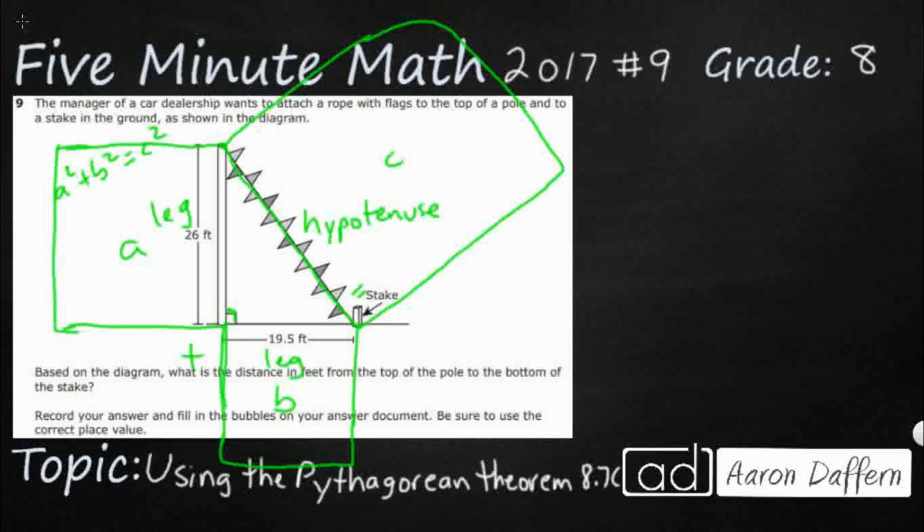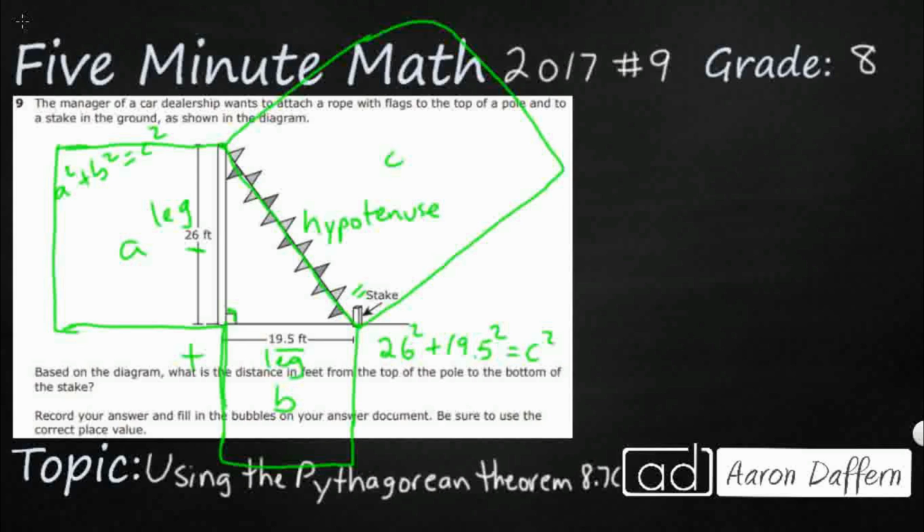And so we're going to use that a squared plus b squared equals c squared, and let's just plug it in. So a is my 26, so that means I'm going to do 26 squared plus b is my 19.5, 19.5 squared equals, and then c squared. So we definitely need the calculator out for this.